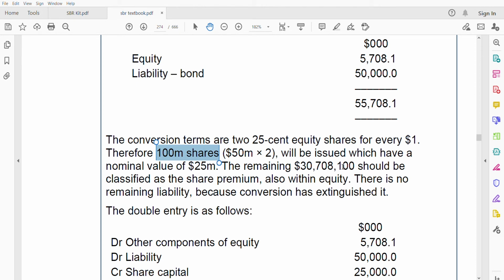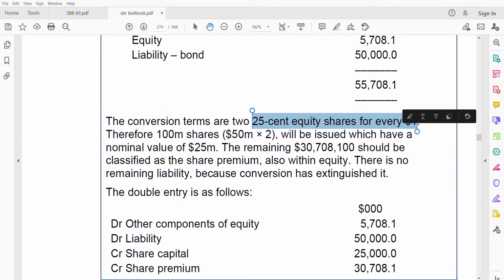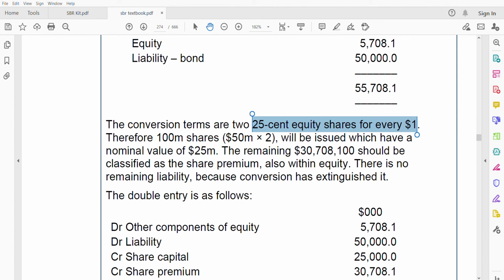So 2.25 equity shares for every $1 means that there is a share premium related to this. That means 2 shares for 50 million. This is the bond. You will be getting 100 million shares. It's always like that: multiply the bond with the number of shares.